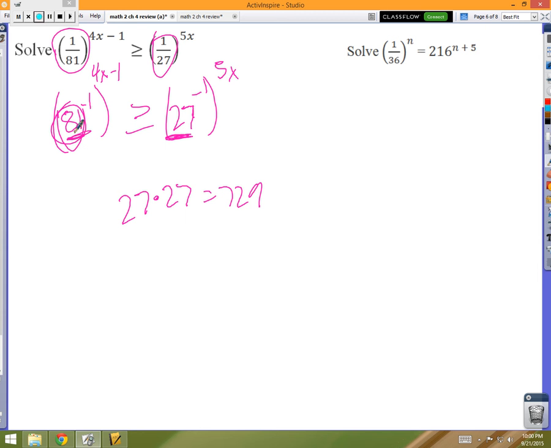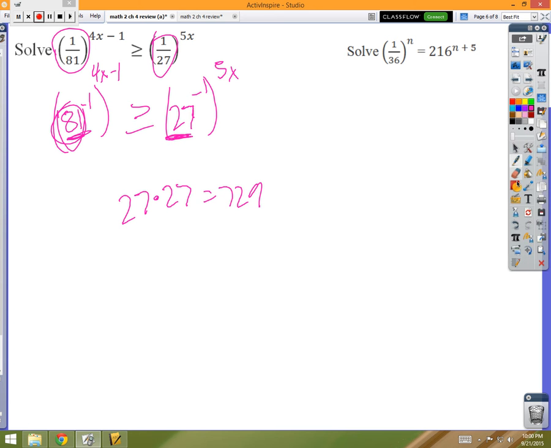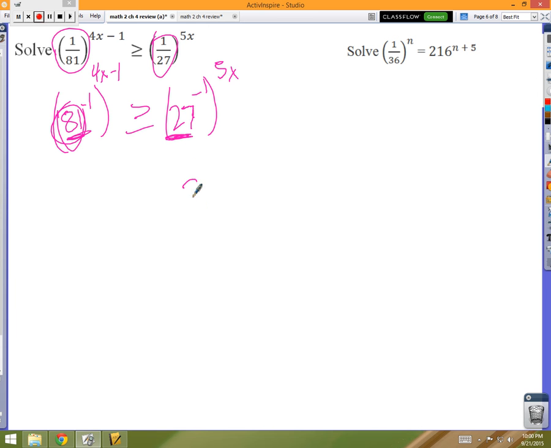So I've got to change both these bases, and I've got to change them to something that is smaller than 27. And I know 27, you can use a bunch of 3's to make 27. So you can do 3 times 3, which is 9, times 3, which is 27.